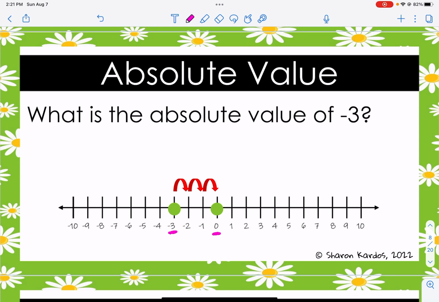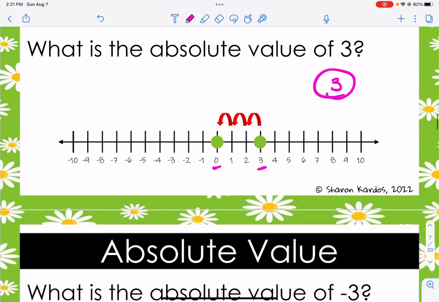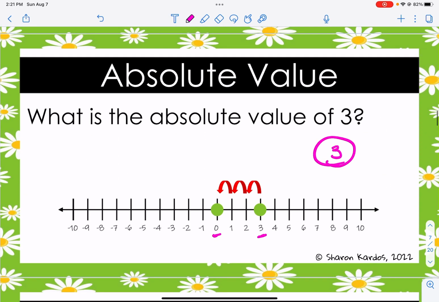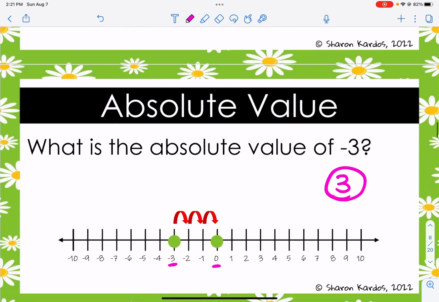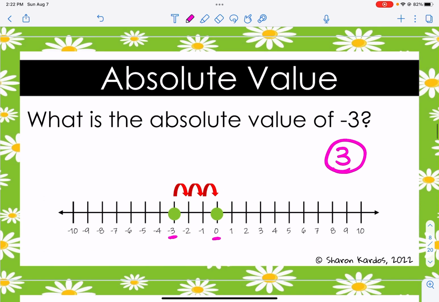So how many hops would I have to take from negative 3 to 0? The answer is 3. Okay, so let's review that. The absolute value of positive 3 was 3, and the absolute value of negative 3 is also 3. Those two are opposites on the number line. They're the same distance from 0, so it would take me 3 hops to get to 0.